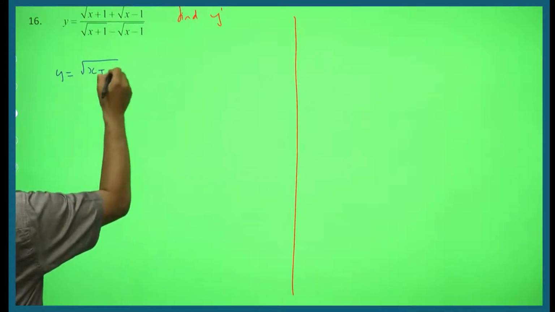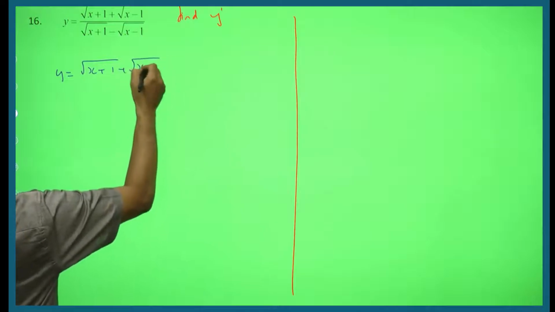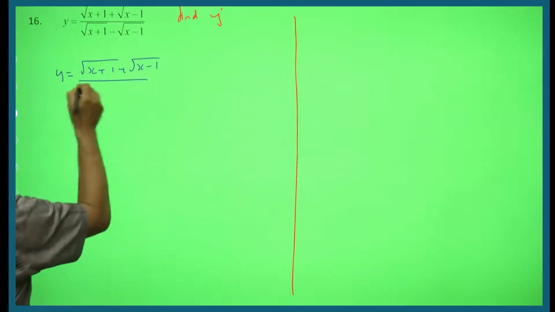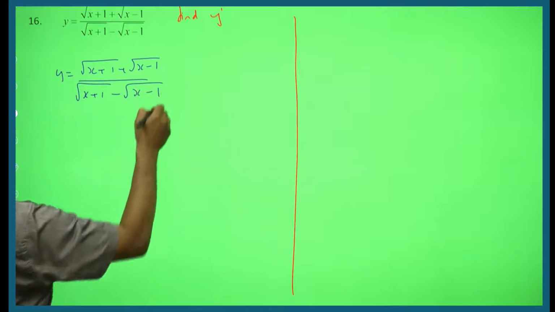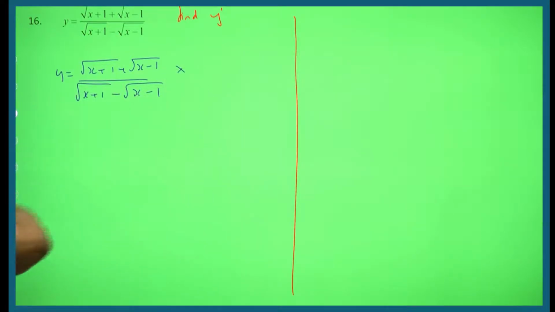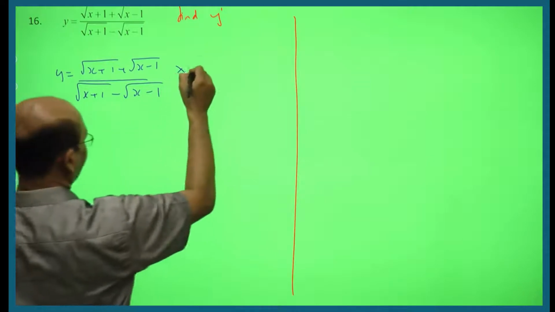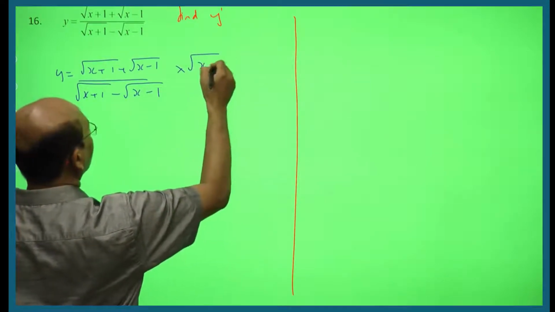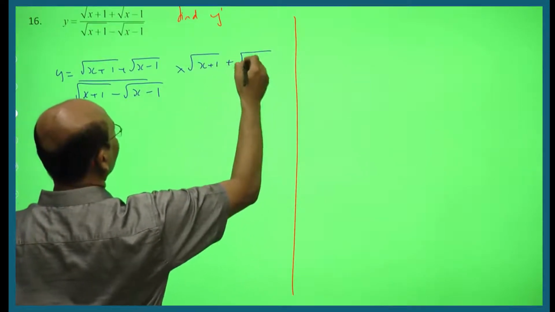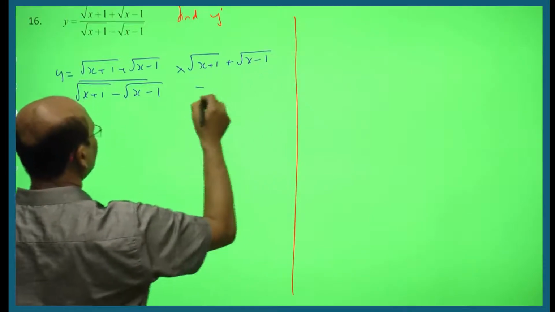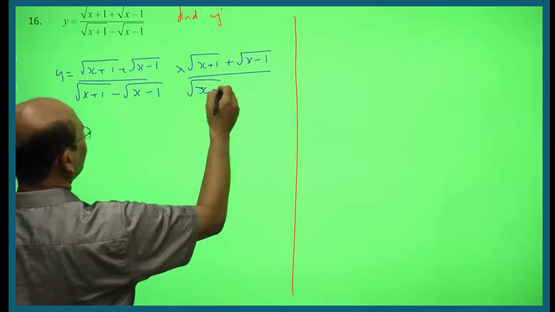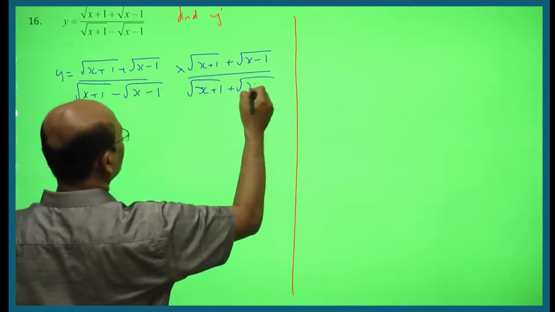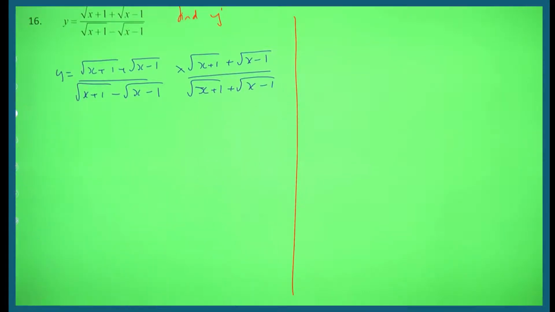Root of x plus 1 plus root of x minus 1, upon root of x plus 1 minus root of x minus 1, into, now rationalize the denominator. The rationalizing factor will be the same term with opposite sign: root of x plus 1 plus root of x minus 1, upon root of x plus 1 plus root of x minus 1.